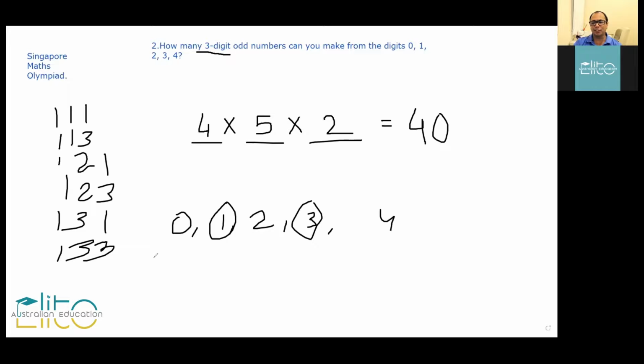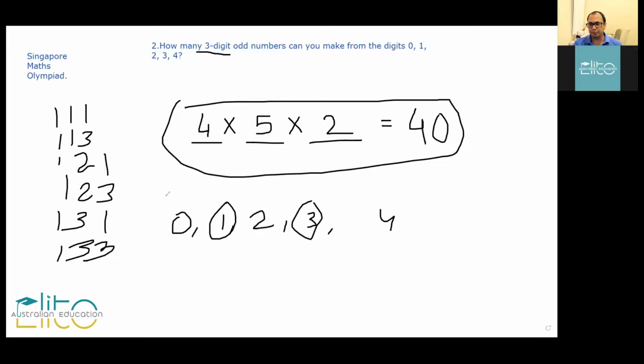After some time, we just start getting bored and making mistakes. So we need to learn how to find combinations quickly, and this is an easy method of doing it. And the same question, let's say I change it to even numbers.